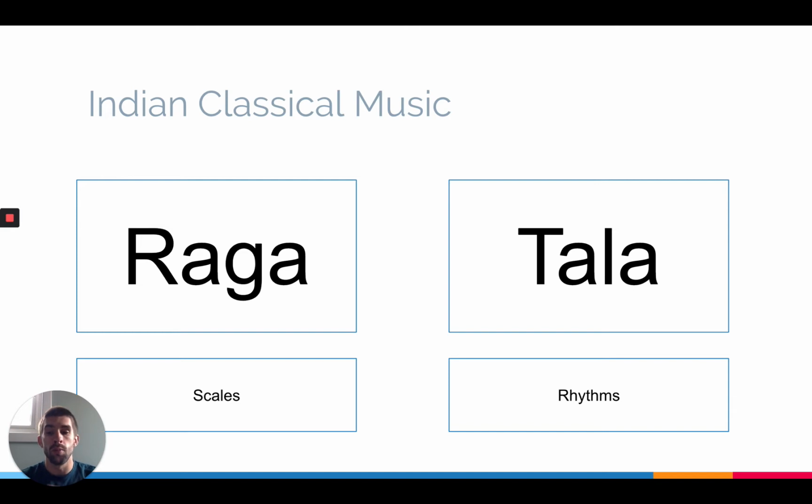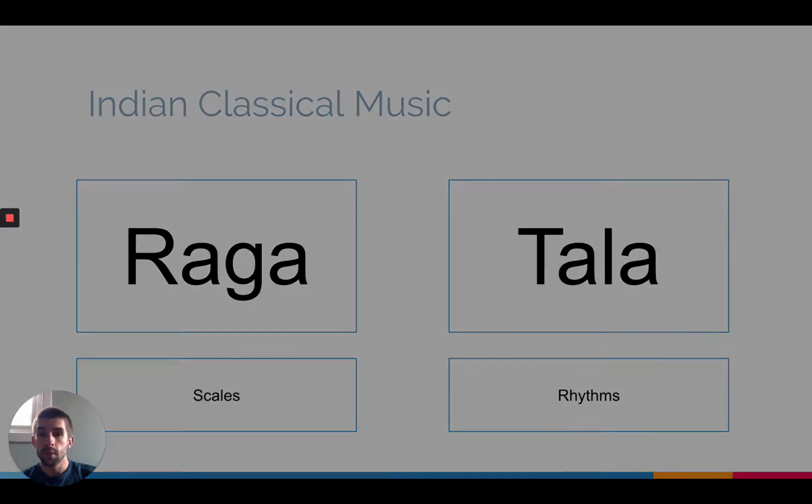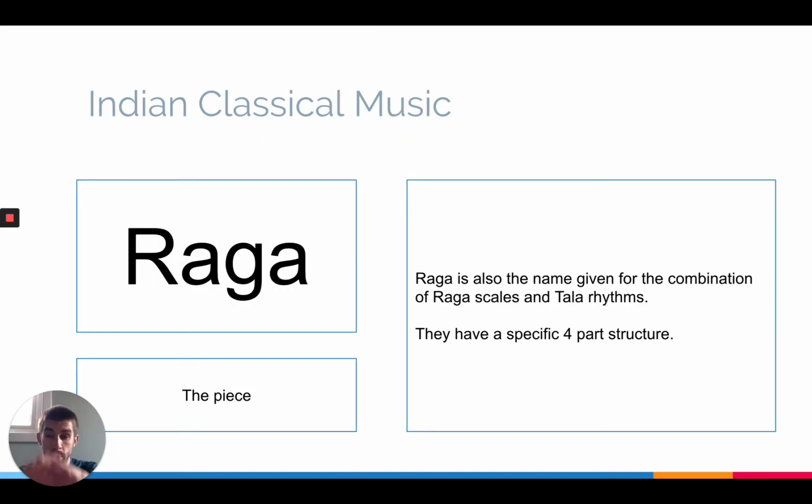It is the rhythmic phrase that goes through the piece. When we put the raga and the tala together, we actually just call that the raga. As confusing as that may be, raga is also the name given for the combination of raga scales and tala rhythms. And they have a very specific four-part structure.